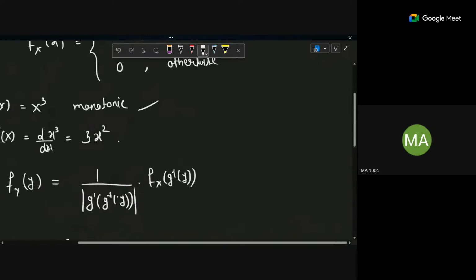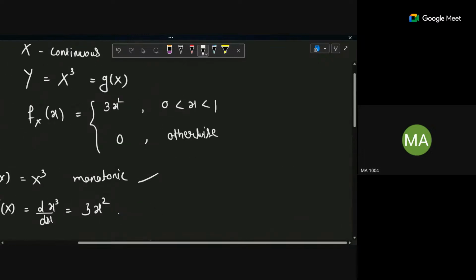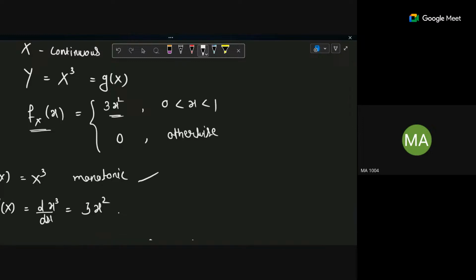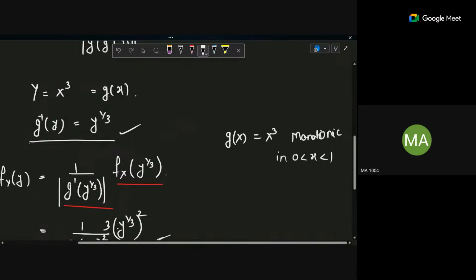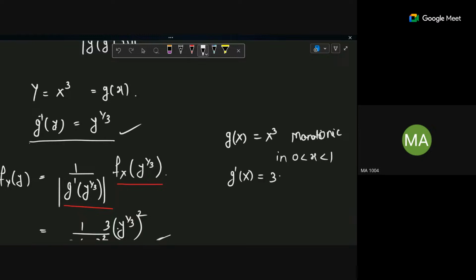Because this is the support of x, for which your PDF is non-zero. That's why we are interested in this range. Your g of x is monotonic in this range, and the derivative g prime of x you have also calculated. It was 3x square. Fine. And your x is a continuous variable. These are the necessary conditions to apply your theorem.